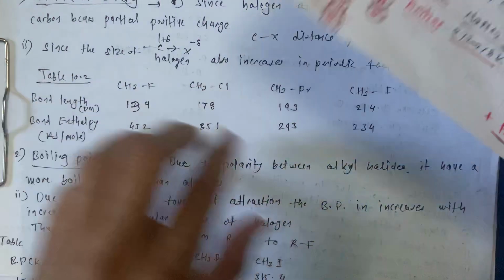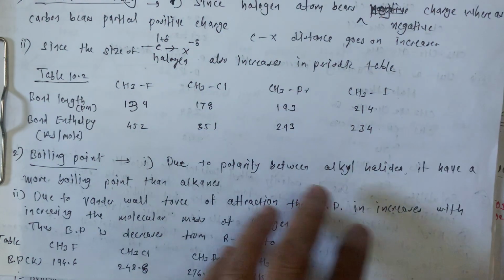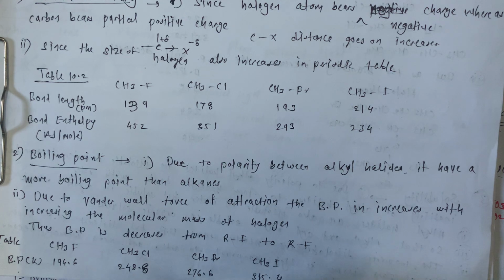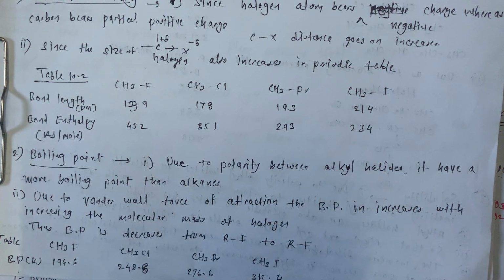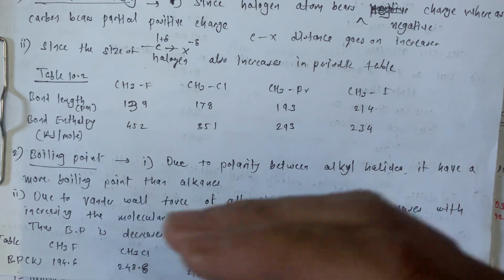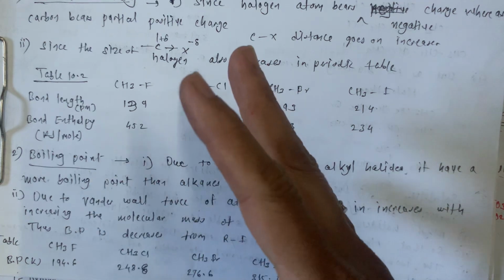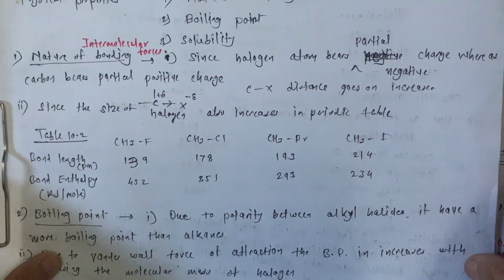Next is a very important thing. If you are going to talk about a human being, each and every human being has a particular height, weight, color, and body structure. All these are physical properties.